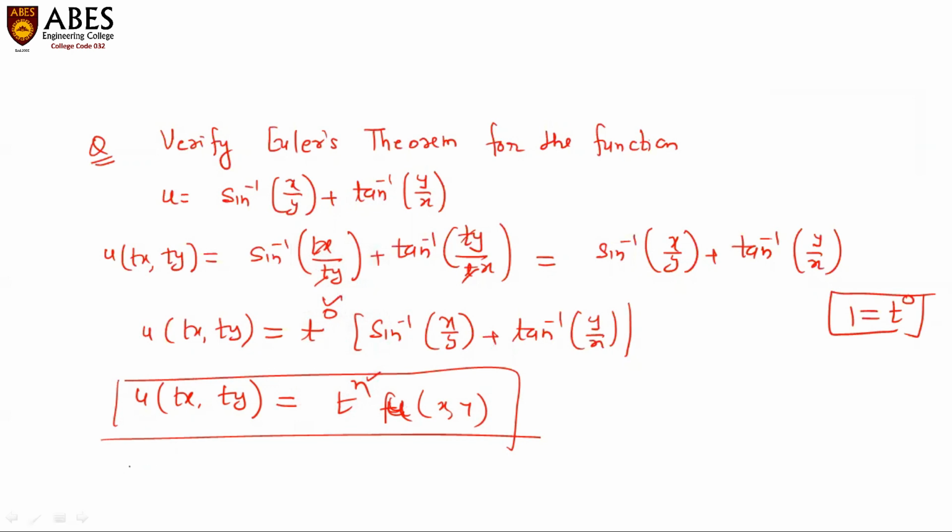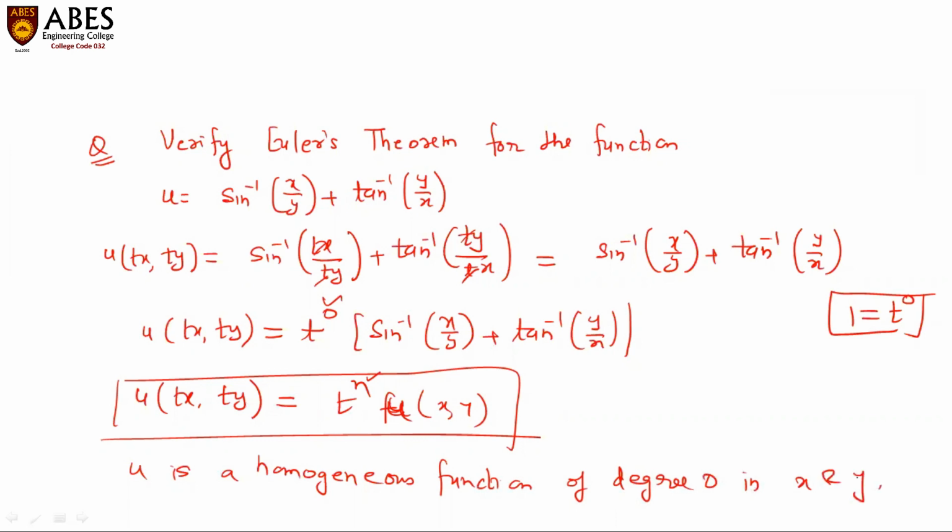So we can say u is a homogeneous function of degree 0 in x and y. So now we have proved that here u is a homogeneous function of degree 0.